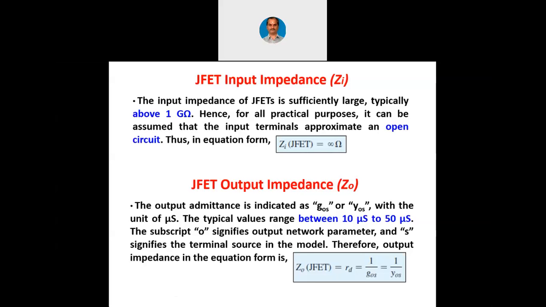Actually, when impedance is larger, we have some advantage. When impedance is lesser, we have some advantage. If at all we are cascading two circuits, if the output impedance is larger, it is better for us. How? When we cascade two circuits, if the output impedance of the previous circuit is larger, it will correspond to the larger input impedance of the next stage.